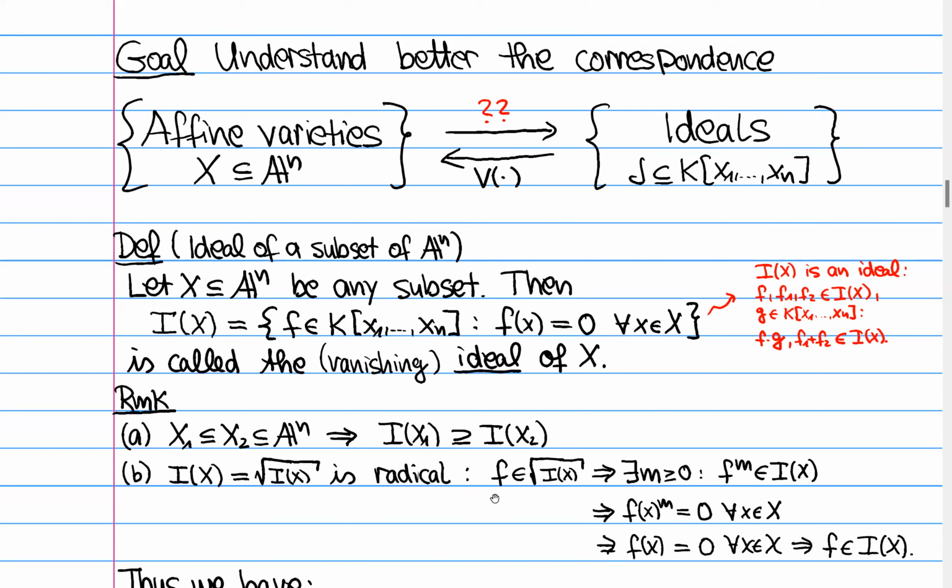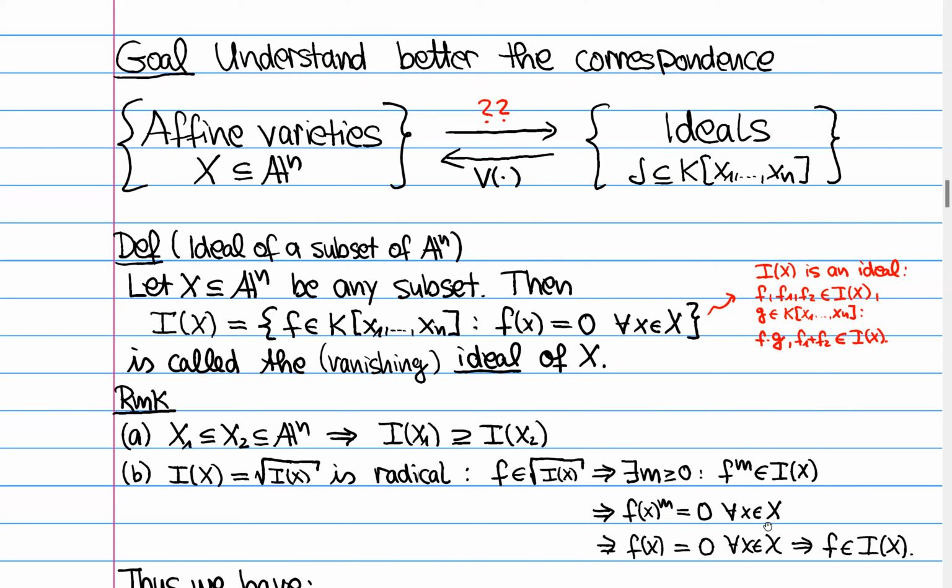So for the other inclusion, if f is in the radical ideal of I(X), then by definition there exists m greater or equal to 0 such that f^m is in the ideal of X. But then f^m being in here just means this equation is satisfied: f(x)^m is 0 for all x in your subset.